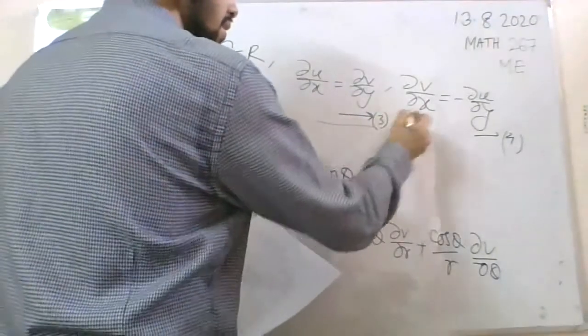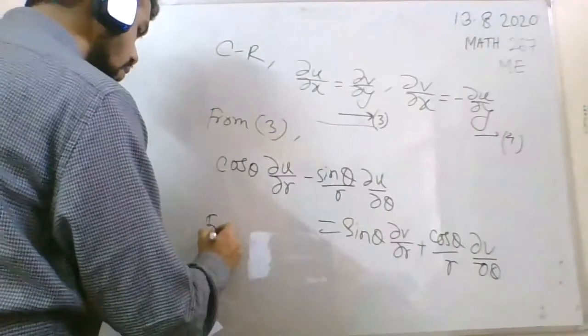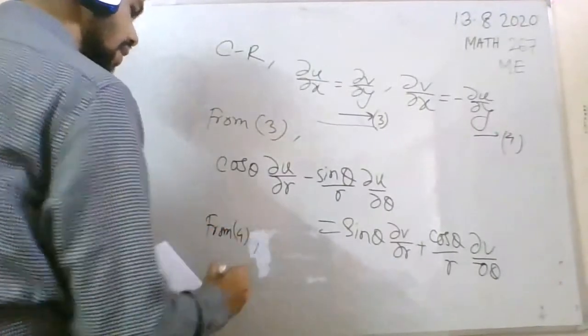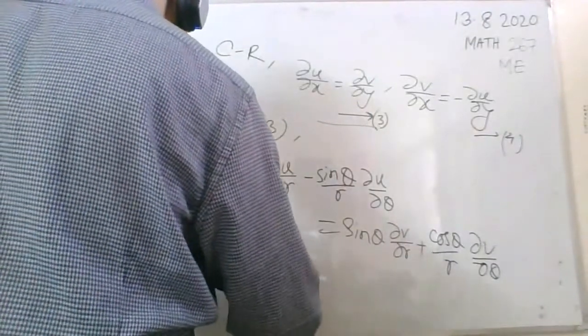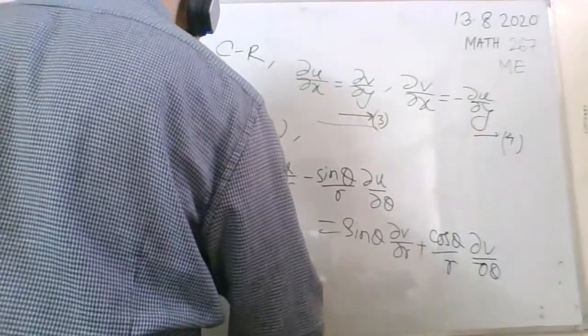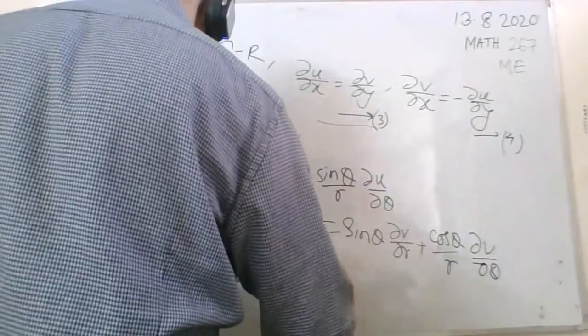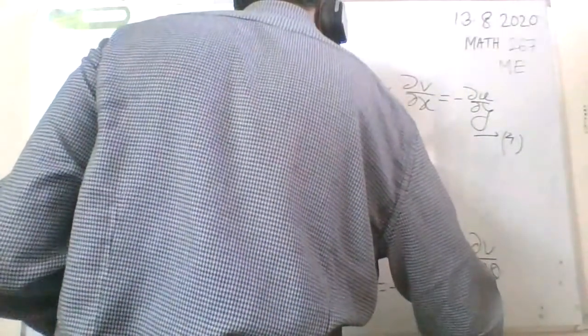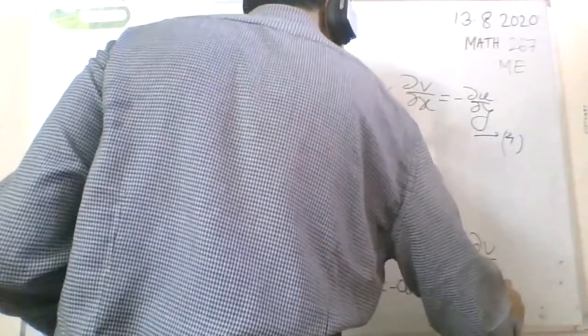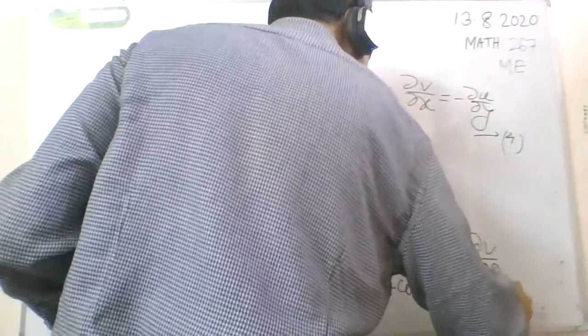Alright, two equations will come, one from 3 and another from 4, which is sin theta del u by del r plus cos theta del u by del theta equals minus cos theta del v by del r plus sin theta by r del v by del theta.